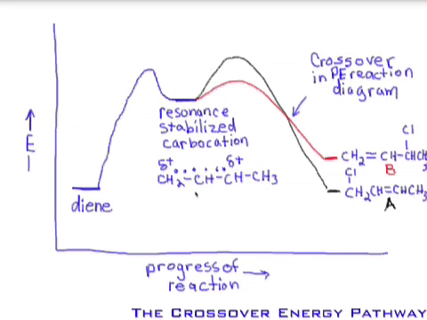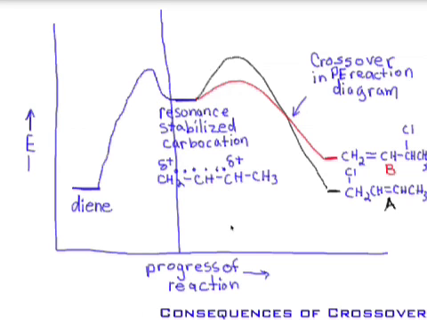Often when we draw these types of diagrams, we actually draw the curve from here. And the reason being is we're only interested in what's going on in this pattern because this part's pretty basic. The path is identical for the generation of the carbocation. You don't get two different paths until the carbocation is attacked.